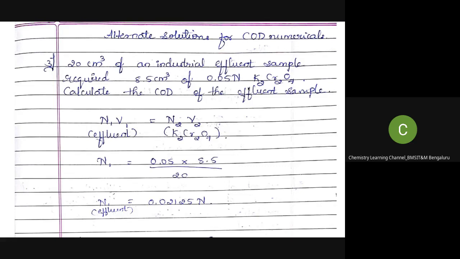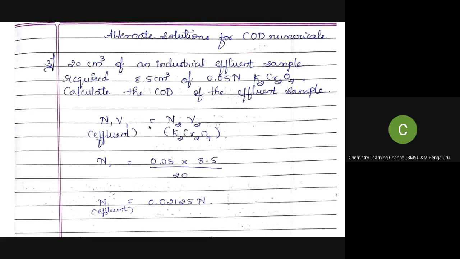Okay, so nothing related to FAS, nothing related to blank titration, nothing related to back titration, nothing with respect to the concentration of FAS or the burette readings is being given. In such a condition, what you do, just use the normality equation, N1V1 is equal to N2V2. So N1V1 let it be for the effluent sample and N2V2 let it be for the potassium dichromate.